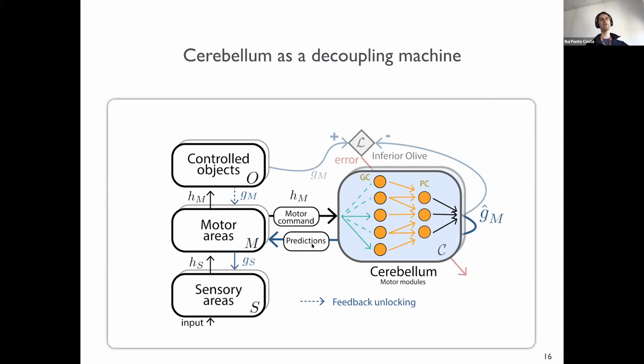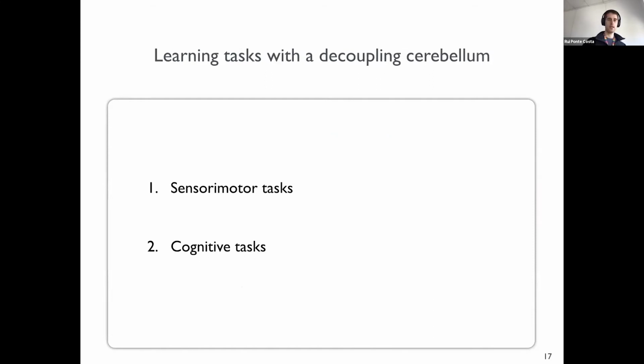As you make a motor command, that motor command has some sensory consequences, and the cerebellum is predicting those sensory consequences and sending them directly to the brain, so that the brain doesn't have to wait for those to arrive and can compute more quickly.